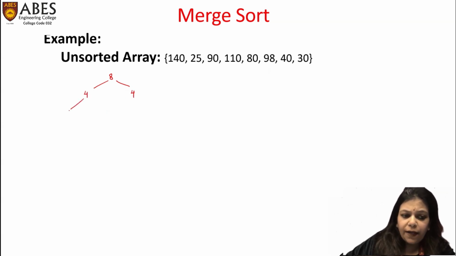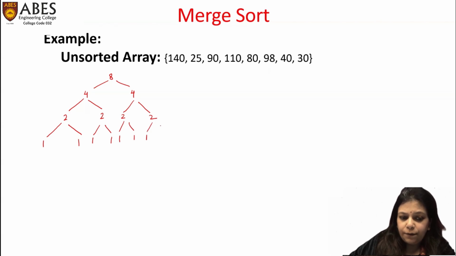And again, we will divide this problem into the subproblems having 2 elements each. And we will keep on dividing these subproblems till we will have one element left in each subproblem. So we will have only one element left in each of the array.